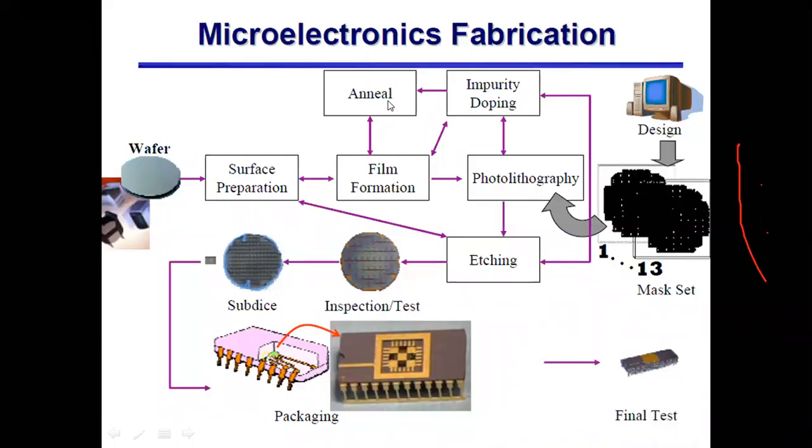In annealing, you put the wafer inside the furnace. You heat the wafer to a specific temperature, and then you shut down the furnace and allow the wafer to cool down to room temperature. This process is known as annealing.